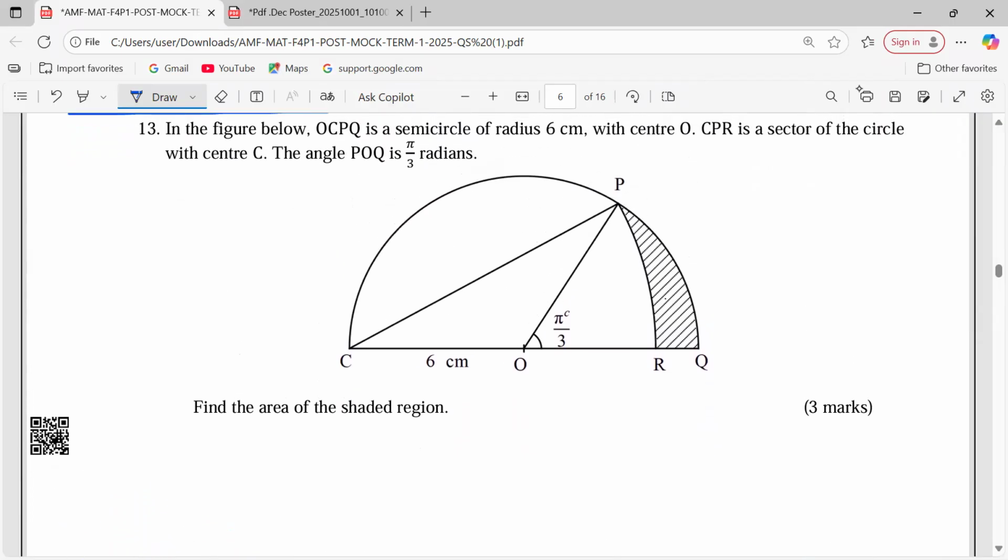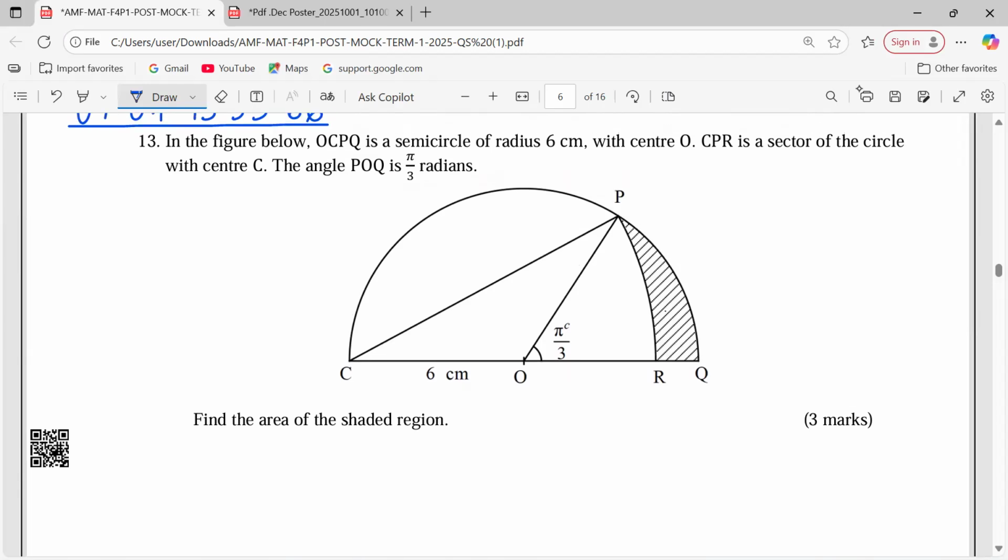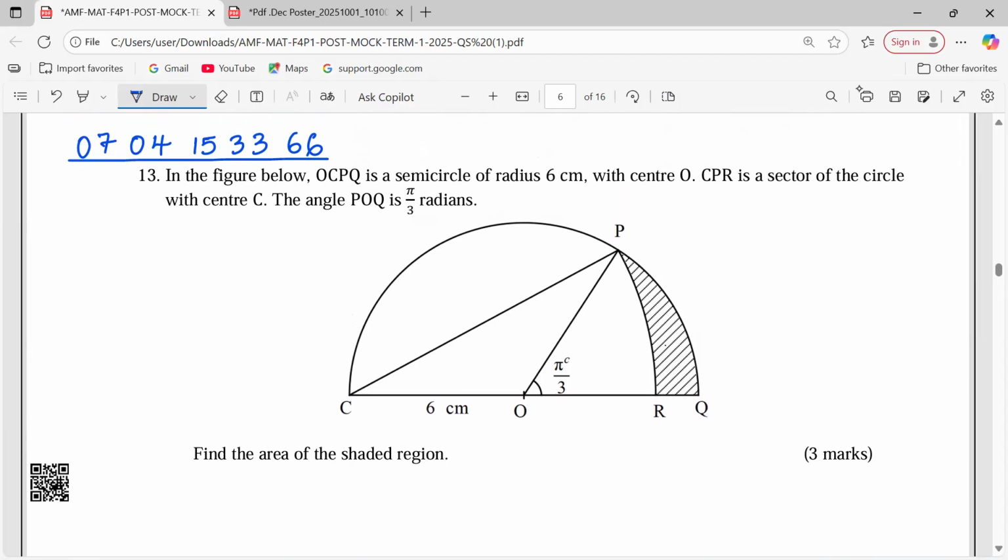For us to find the area of the shaded region, let me first find the whole area CPQ. So let me use the space above here for people to see the diagram well. CPQ will be comprised of triangle COP and a sector which is POQ.